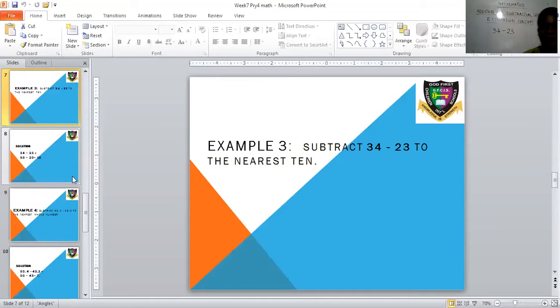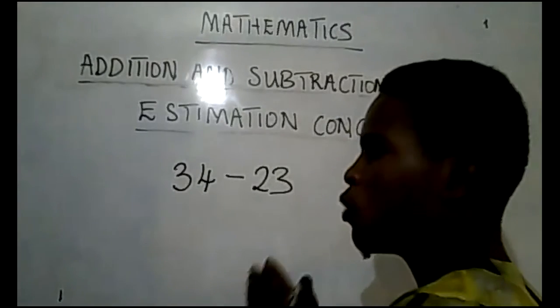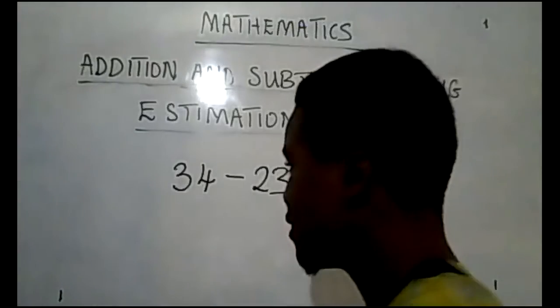Very, very simple. Just relax your mind. It is very simple. The same concept you applied to addition is what you are going to be applying here likewise. Is that taken out?